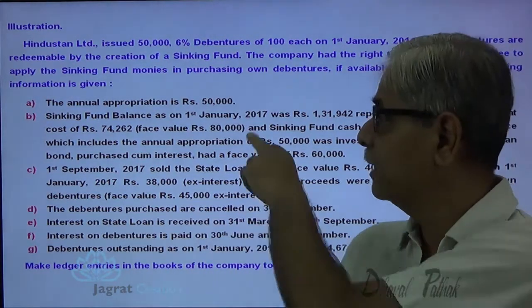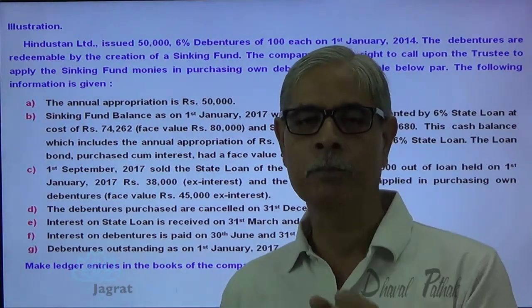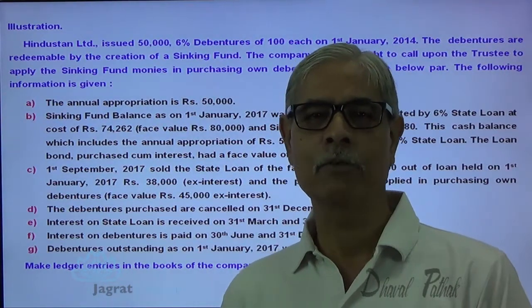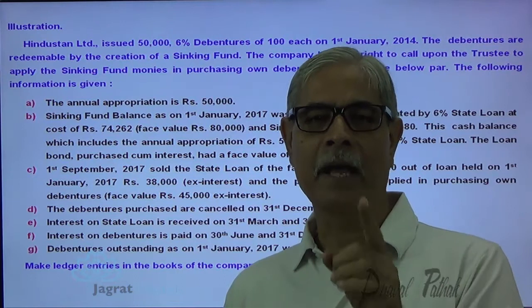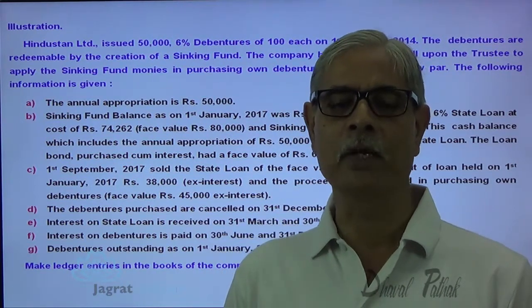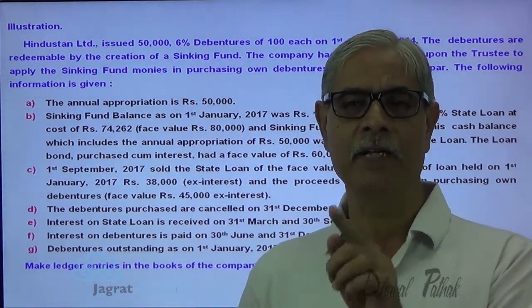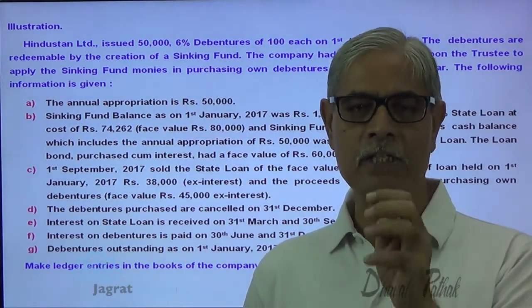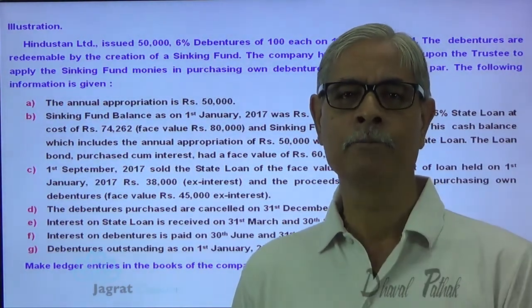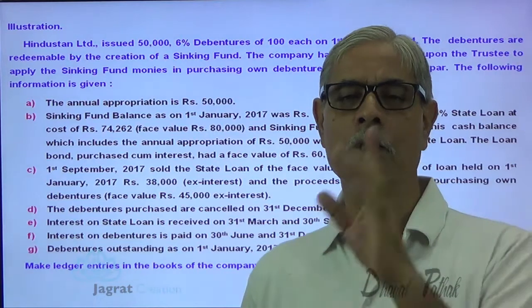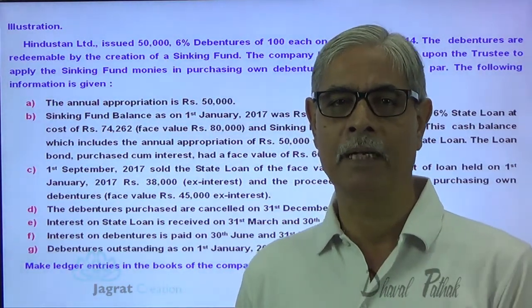So on this investment in state loan, the last interest was received by me on 30th September and I am starting my accounting from 1st of January. So interest accrued, interest recoverable on the sinking fund investment, that also I will be recording in the opening balance.